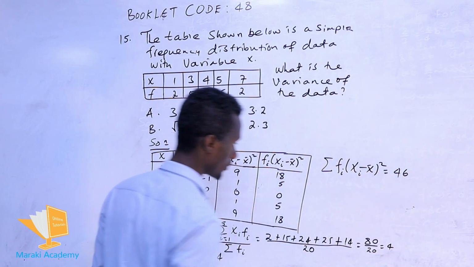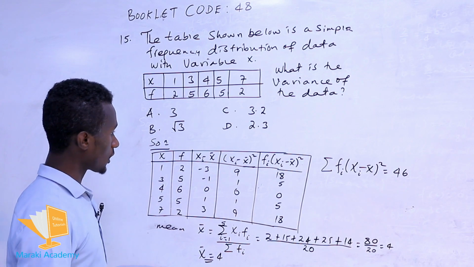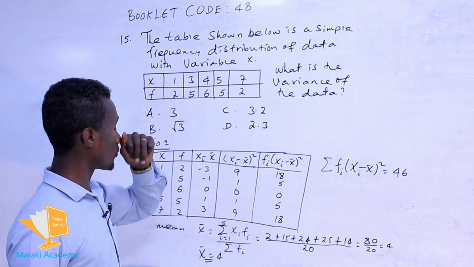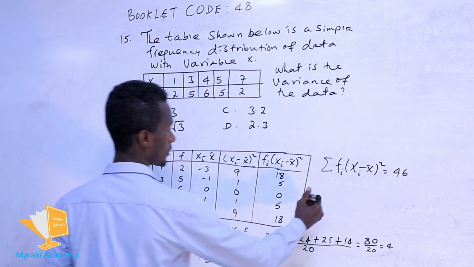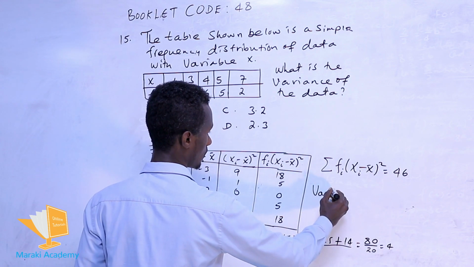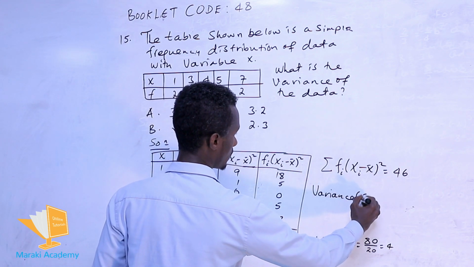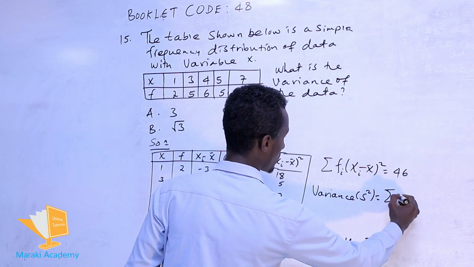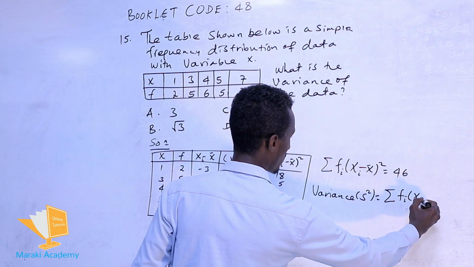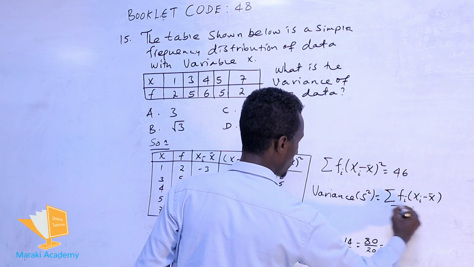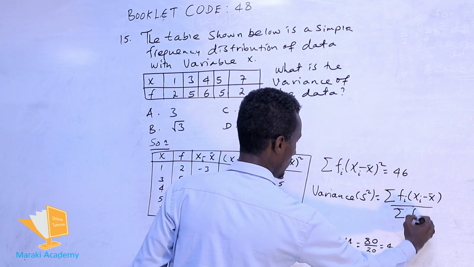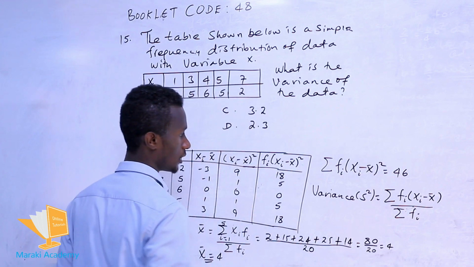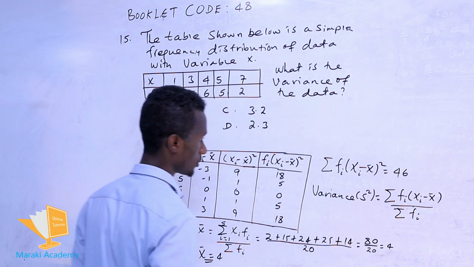So what is the variance? Our target is to find the variance of the data. The variance, s squared, is equal to the summation of fi times (xi minus x bar) squared, divided by the sum of the frequency. What is the sum of the frequency? The sum of the frequency is 20, isn't it?